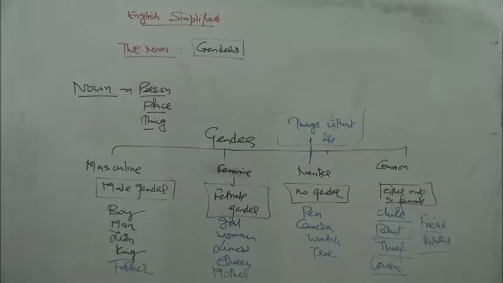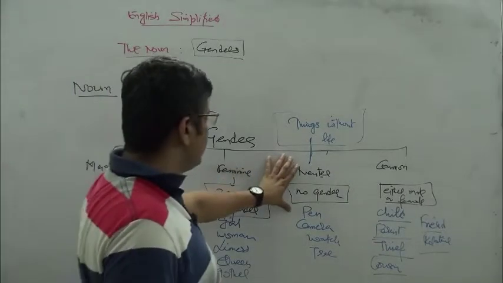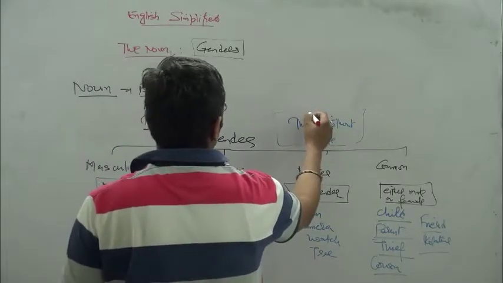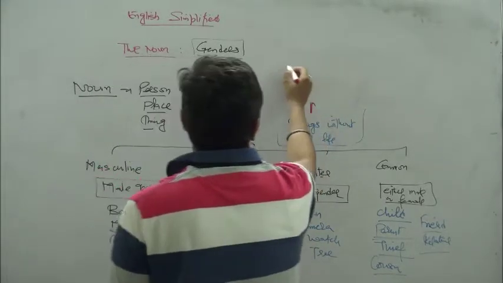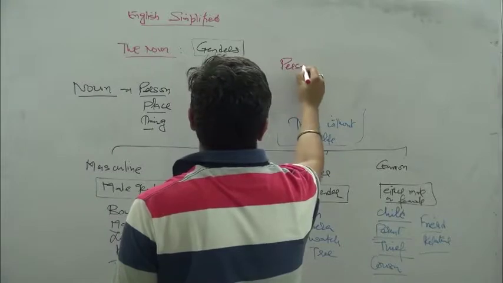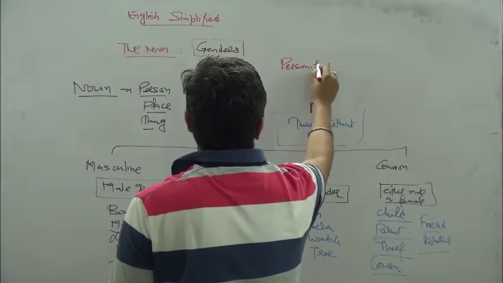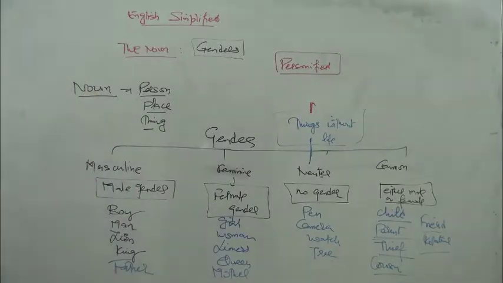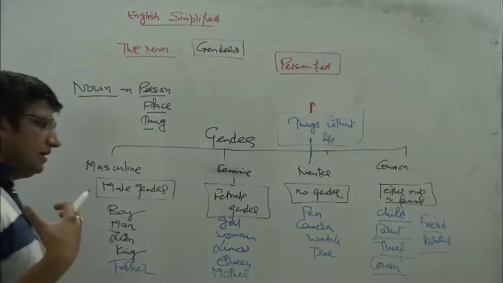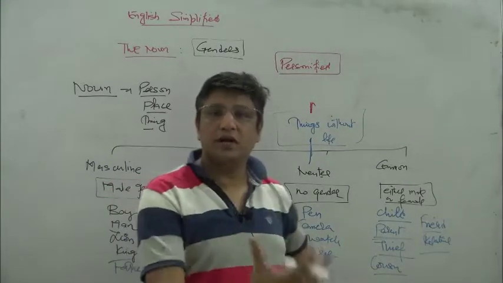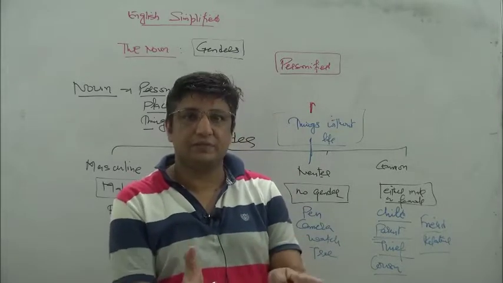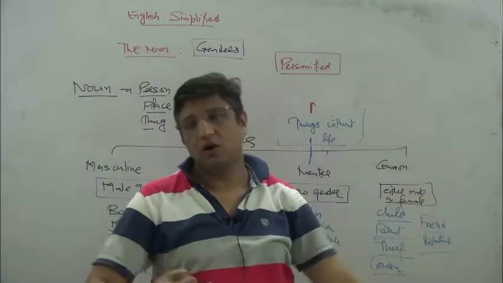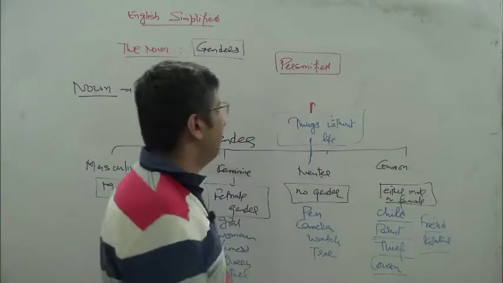Now, when you look at a neuter gender, there could be examples where we have things that are personified, as if they are spoken about as if they represent a person, either a masculine male or a feminine or a female.